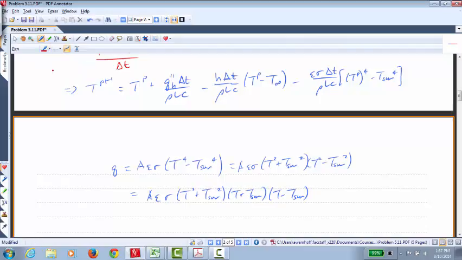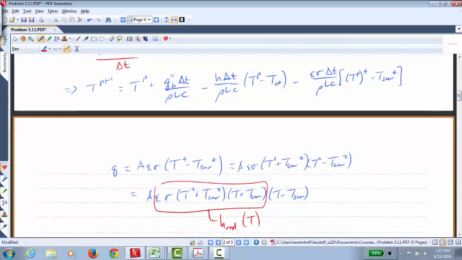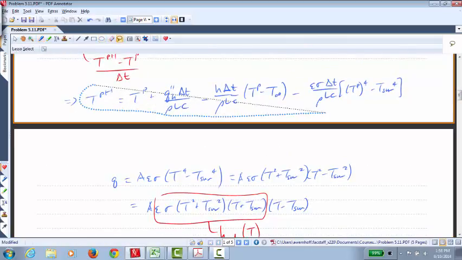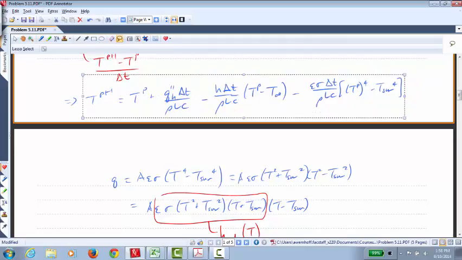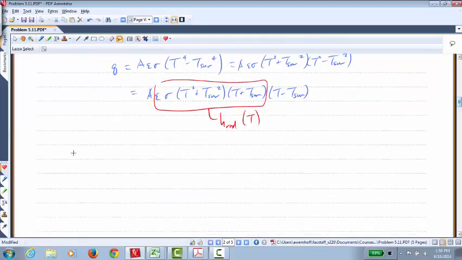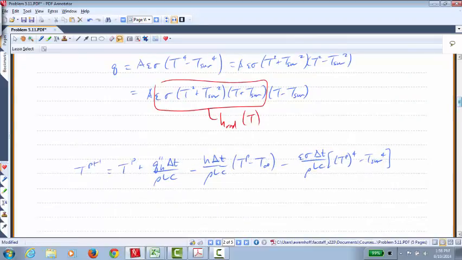Then what we get is effectively everything within the little box here is like a radiative heat transfer coefficient. But it's a function of temperature, so it's going to vary at each temperature. So we can plug that into the above finite difference formulation. I'll grab this formulation here, copy that, and paste it down here. Do a little tweaking.